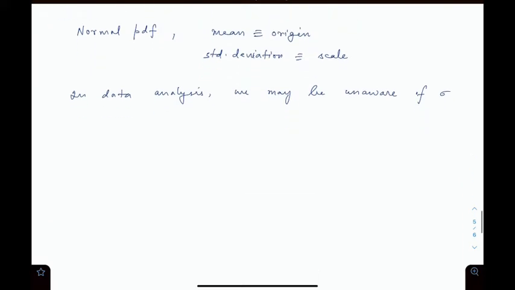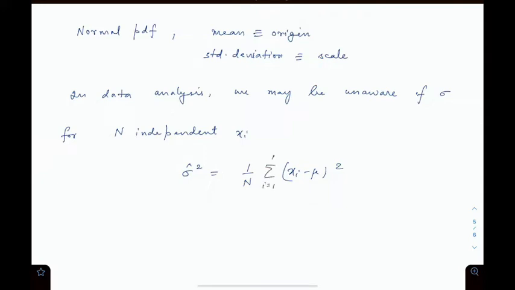So for n independent xi's, we have this sample standard deviation, or the square of it, which is actually given as 1 by n minus 1, sum goes from i equals 1 to n, xi minus x bar square.